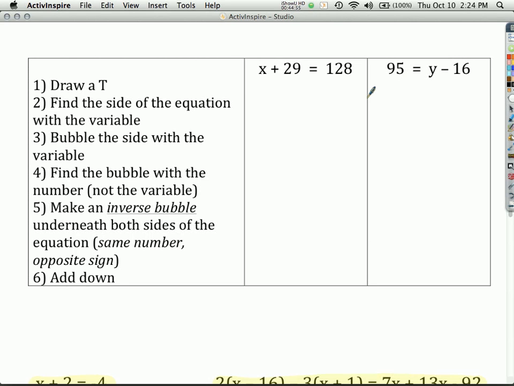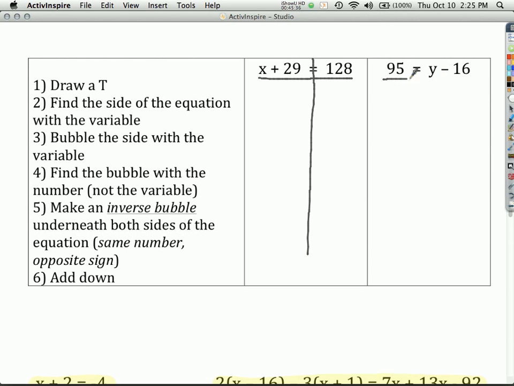So first we're going to draw a T. What that means is we put a horizontal line underneath the entire equation. And then we put a vertical line through the equal sign, straight down. Now, this is one of my training wheels, but I'm going to tell you that I, as the Algebra 1 Honors and Pre-Algebra teacher, still do it. If I were to take out my notes for all my algebra lessons and pre-algebra lessons, you would see me drawing T's over all the equations, because it's a very effective way to stay organized.